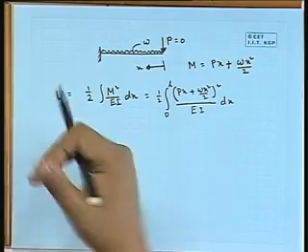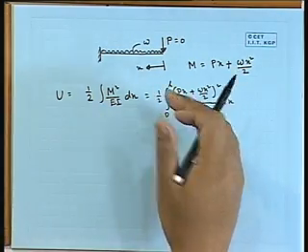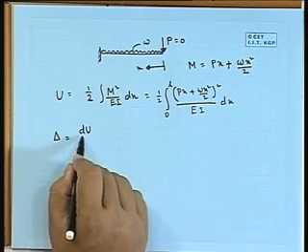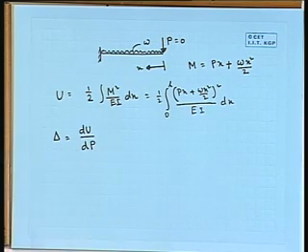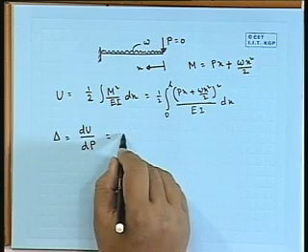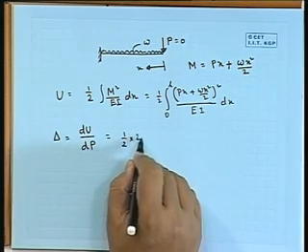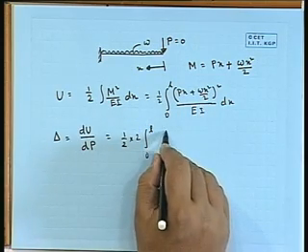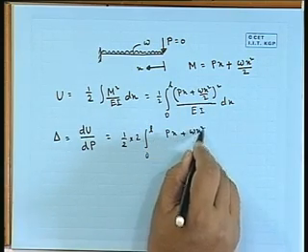Now, the next job. One option is we can perform the integration and finally take the derivative. The other option is we can take the derivative and then perform the integration. I think the second option is better. So, delta should be du by dp. Now, this will be half, and this 2 will come out, and here it will be px plus omega x square by 2.